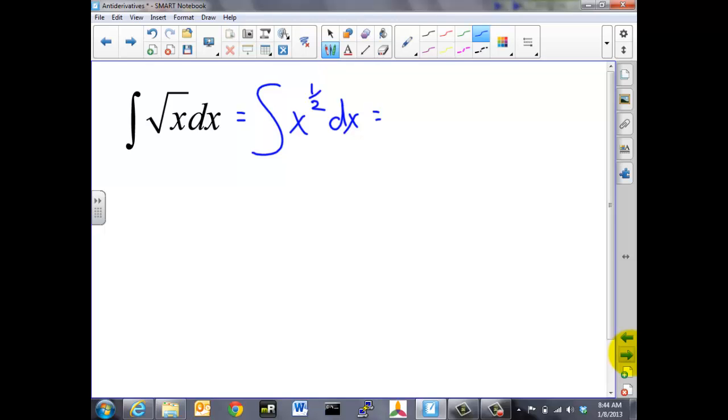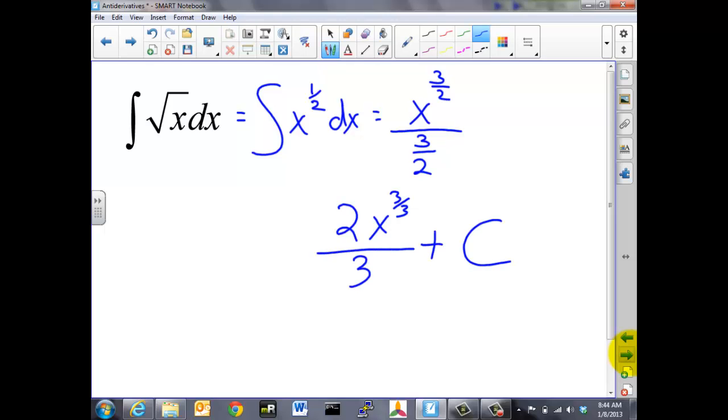Integrate, add. You need to get those things together. So it'll be x to the 3/2 over 3/2. We don't want to leave it written like that. Keep, change, flip. So it'd be 2x to the 3/2 over 3 plus c. That answer is probably not written on your multiple guess, though.